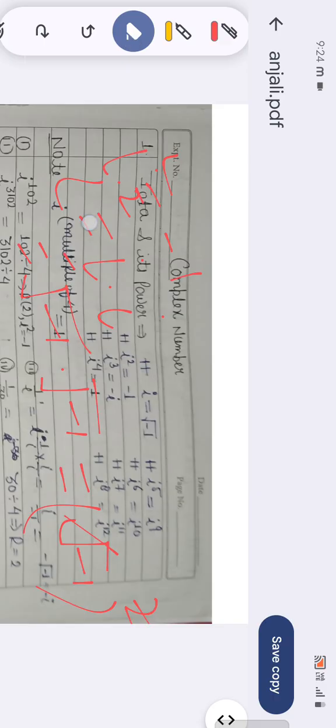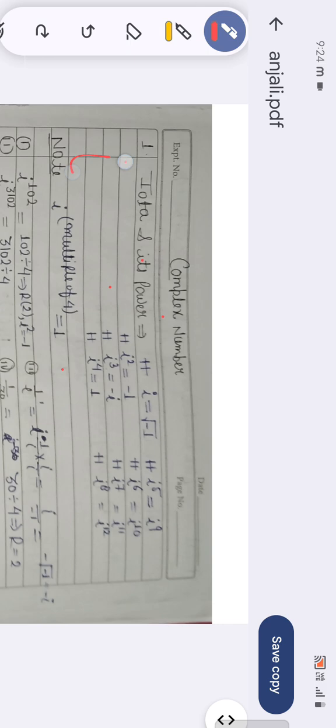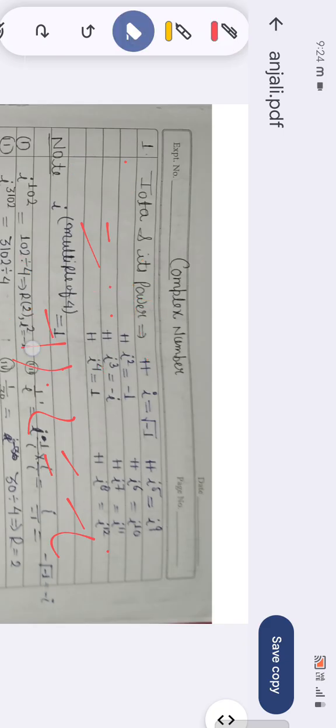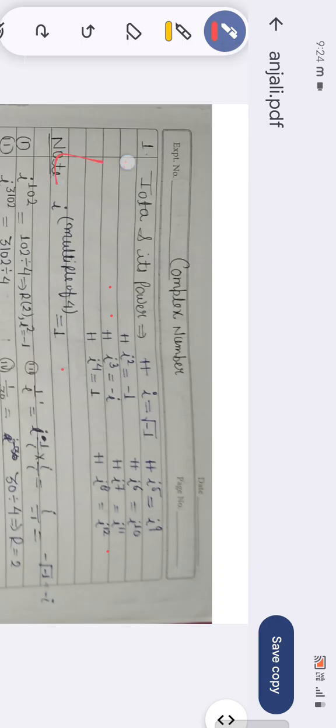Similarly, we can find out the value of iota to the power 3. Iota to the power 3 is iota square times iota. The value of iota square is minus 1, multiplied by iota, so this will be minus iota. So the value of iota to the power 3 is minus iota. Is it clear? Then next, what is the value of iota to the power 4?